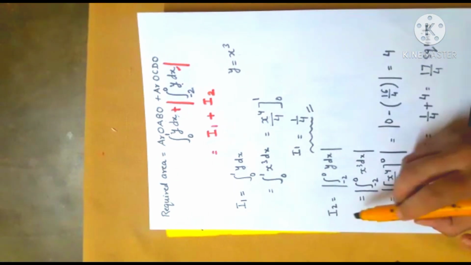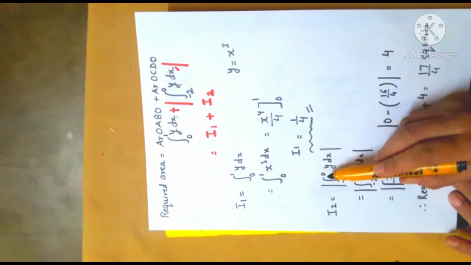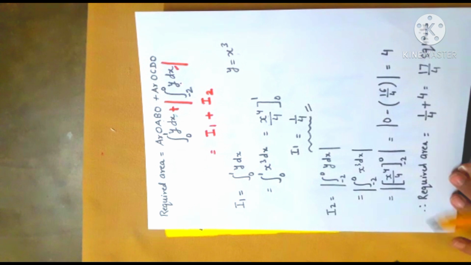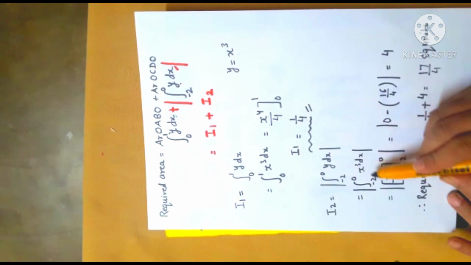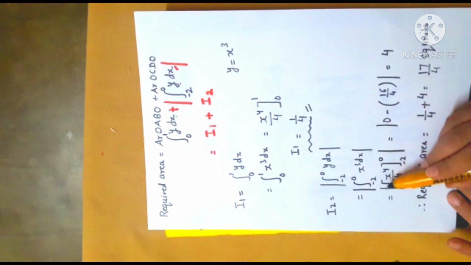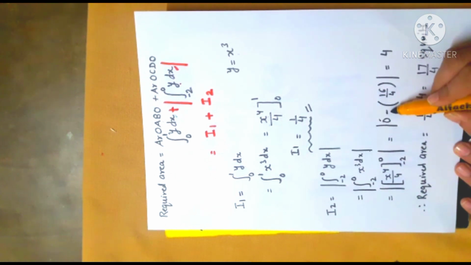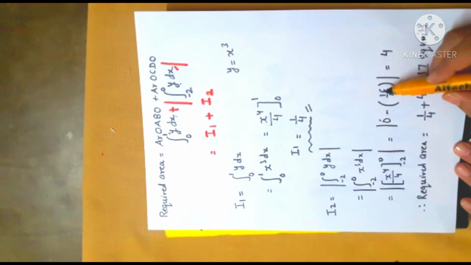Now I will evaluate I2, which is integral y dx from minus 2 to 0 and this absolute value. Y is equal to x cube. So I'll get this. Now integration is x to the power 4 over 4 from minus 2 to 0 and this absolute value. Value at the upper limit is 0 minus value at the lower limit.